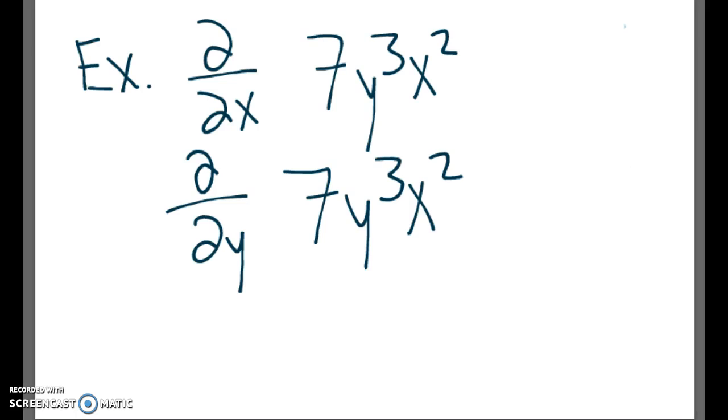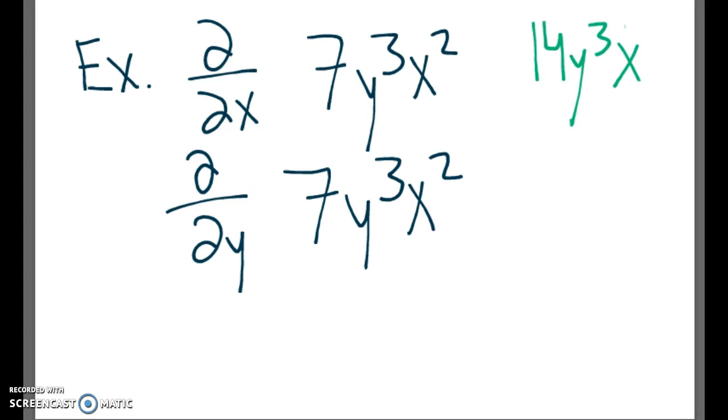Alright, now I'd like you guys to try it on your own on this next slide, so I'll give you a couple seconds. And we're back. Alright, for the first one, when we take it with respect to x, we have y cubed as our constant, so we multiply 7y cubed times the derivative of x squared, which is 2x, so we have 14y cubed x.